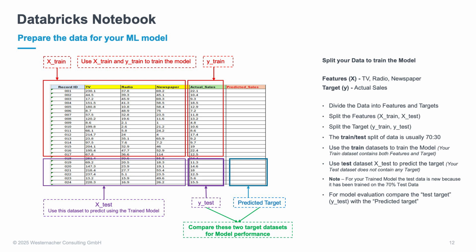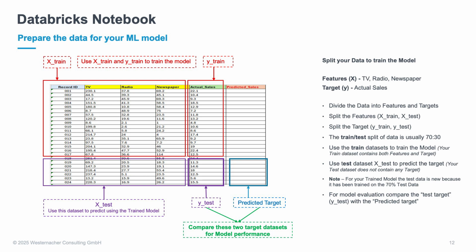And use the test data set X_test, which is about 30% of the features, or the input, to predict the target. Your test data set does not contain any target for now. Note, for our trained model, the test data is new, and it has been trained on only the 70% of the data.